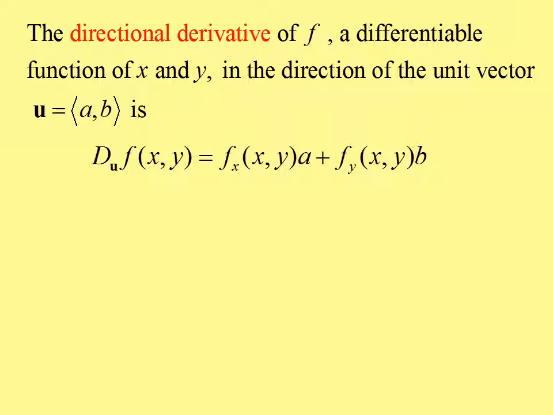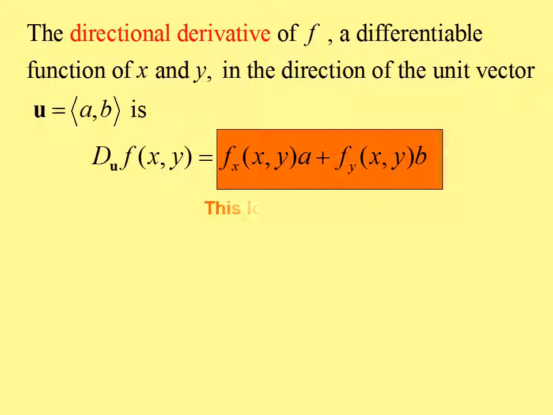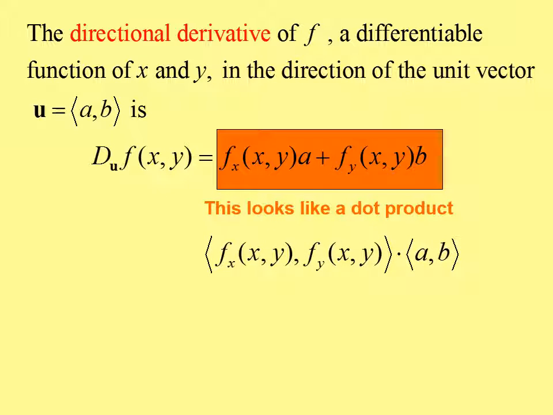Okay, so here's our definition of directional derivative. Now we're saying u can be any vector. We don't have to have cosines and sines, as long as that is a unit vector. Now again, we just talked about how this is the dot product of the vector created from the partial of x, comma, partial of y, and the unit vector.